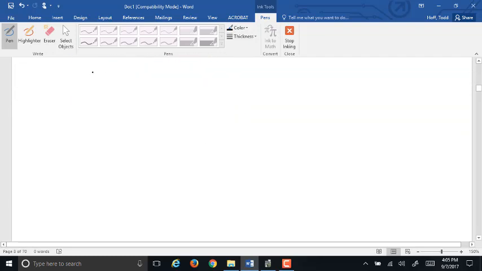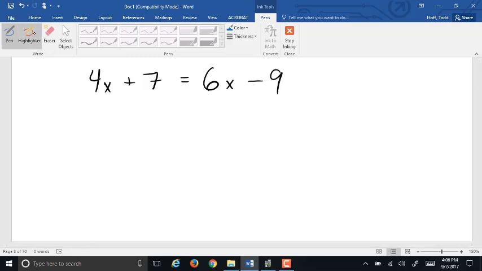This next one's going to look slightly different. When we look at this one, the variable still appears twice, but what's different about it? It's once on each side. Good. Here's our equal sign.